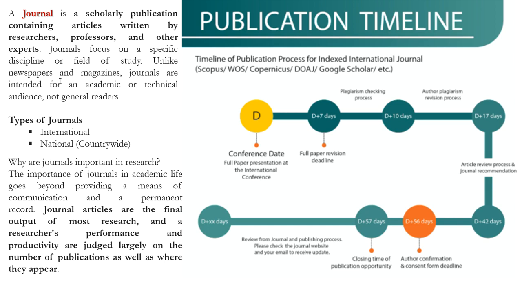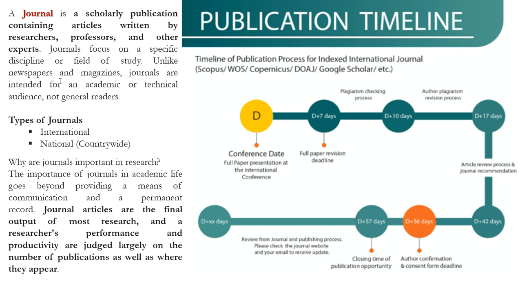Generally, journals are not like newspapers or magazines, which are not for academic purposes. Magazines, like IEEE magazine and Elsevier magazine, are generally called publisher magazines.